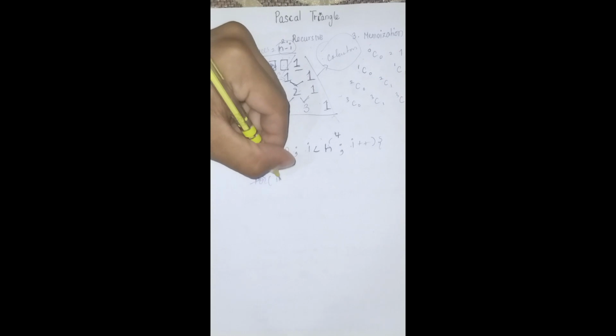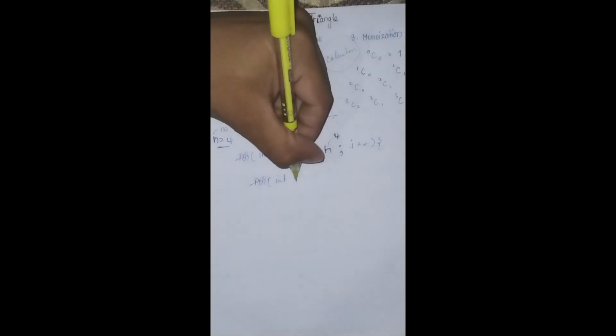Okay, let me elaborate again. For example, here n equals to 4. Okay, 4 minus 1 is 3, 4 minus 2 is 2, 4 minus 3 is 1. So for the spaces we will take another loop: for int spaces.